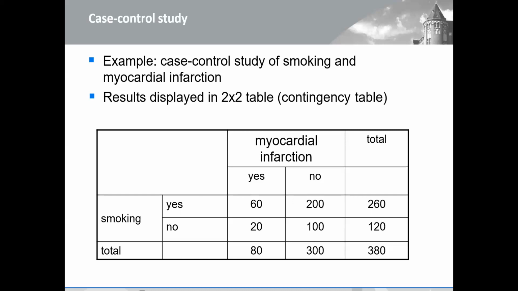And 260 was the total of smokers. Then those who didn't smoke and developed myocardial infarction were 20. And those who did not smoke and did not develop myocardial infarction were 100, and the total was 120. So the total of those with myocardial infarction was 80, the total of those who didn't develop myocardial infarction was 300, and our total population was 380.